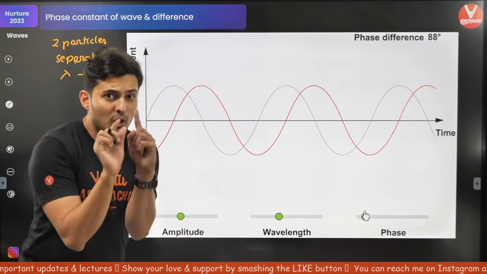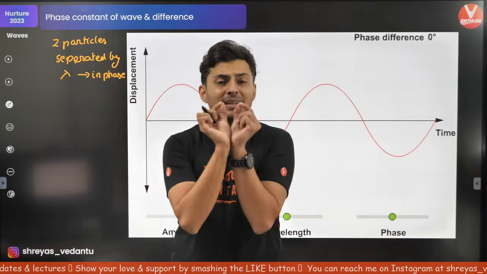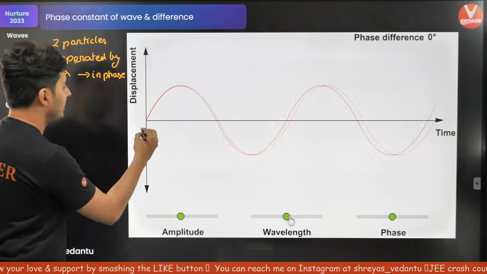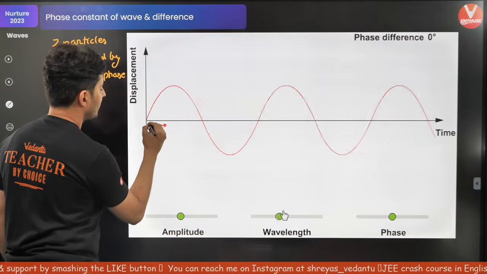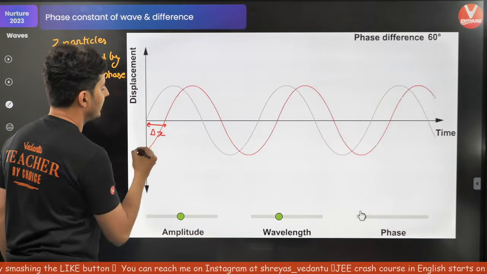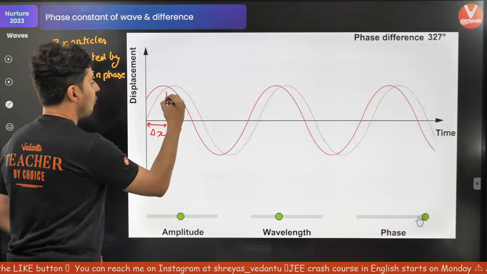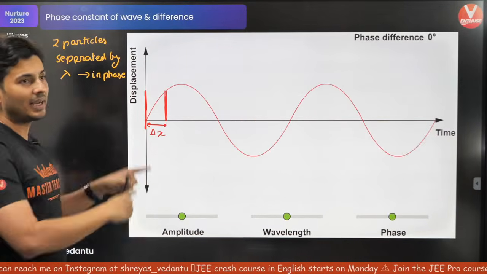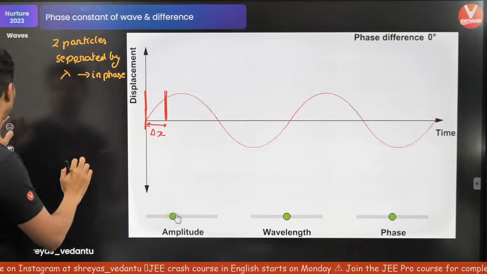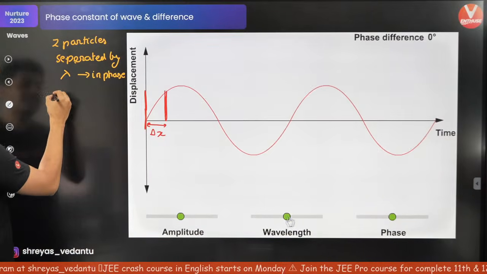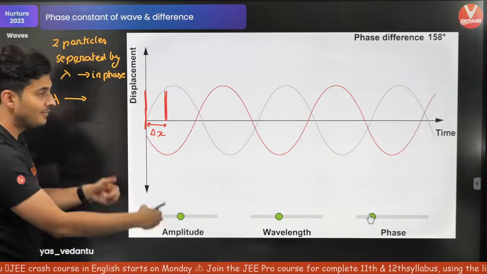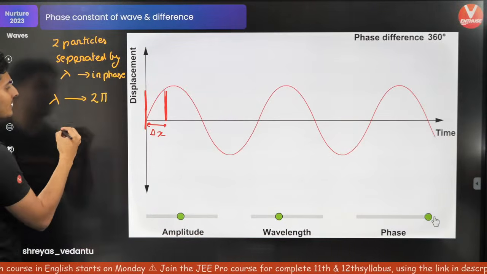But if there are two very close enough particles separated by some other distance, maybe their difference is delta x. Then what is the phase difference between those two particles? It's very obvious. When the distance between them is lambda, they are in phase. That means 2 pi radians.